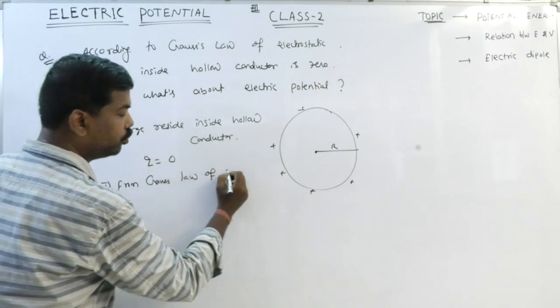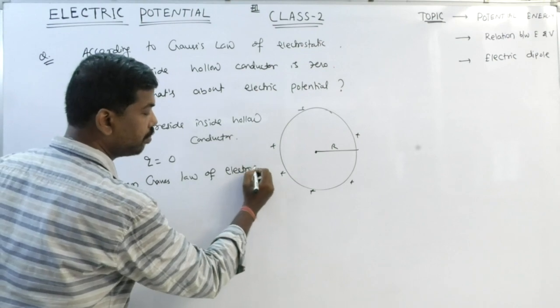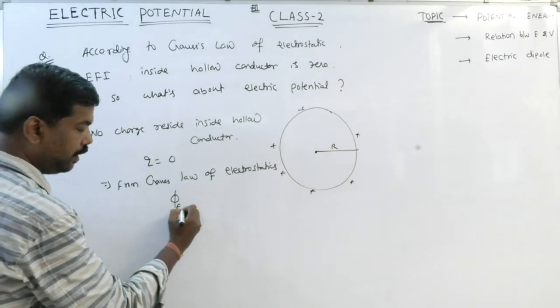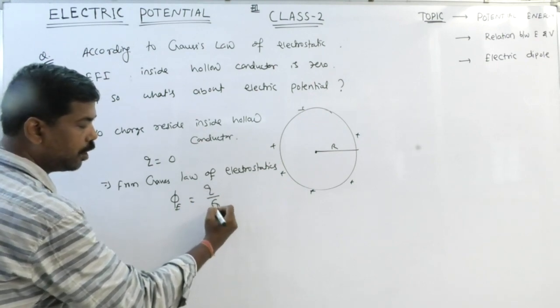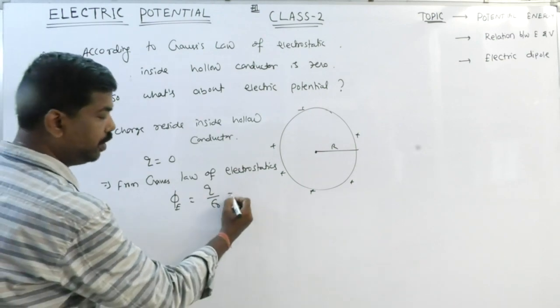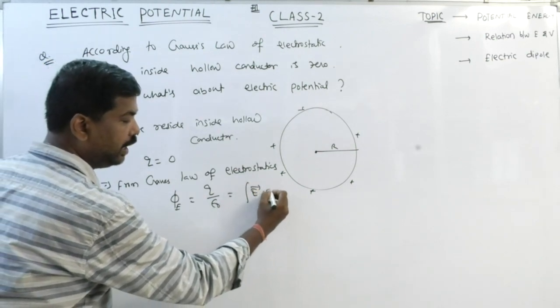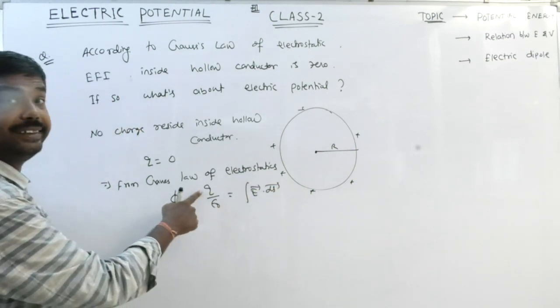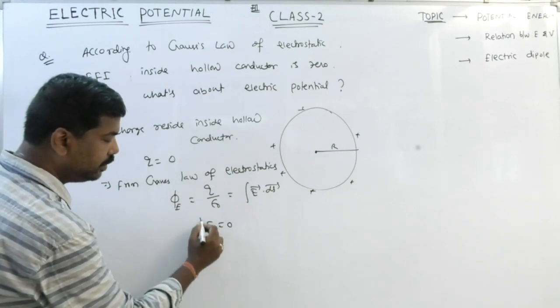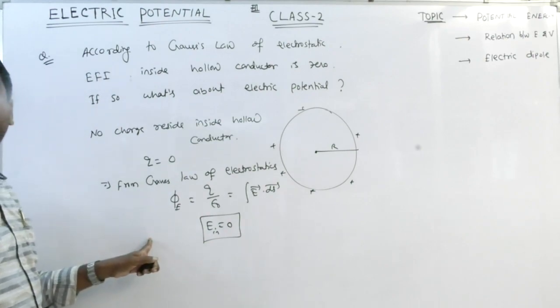Therefore, from Gauss's law of electrostatics, phi E is equal to q by epsilon 0, and it is the integral of E dot ds. As the charge is 0, the electric field inside is 0. Clear?